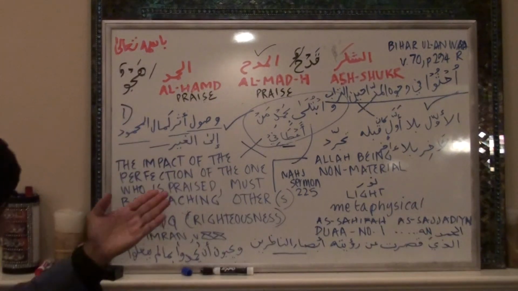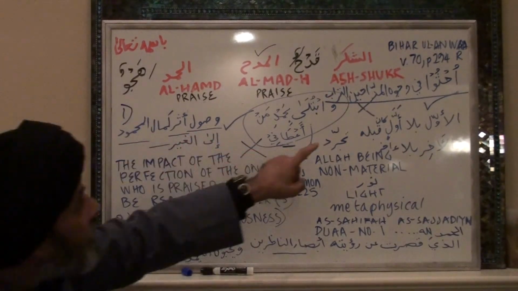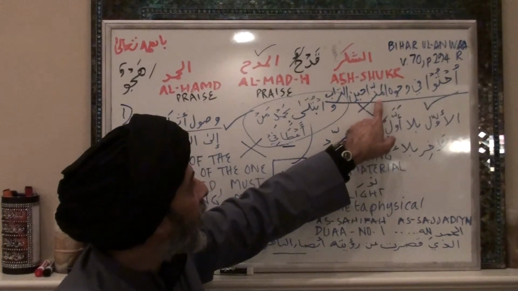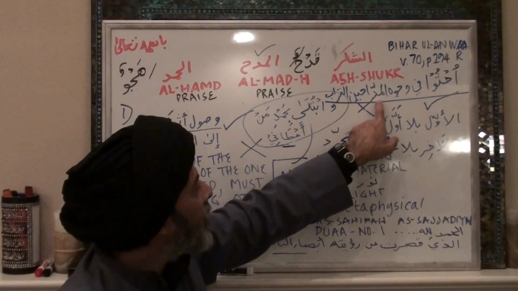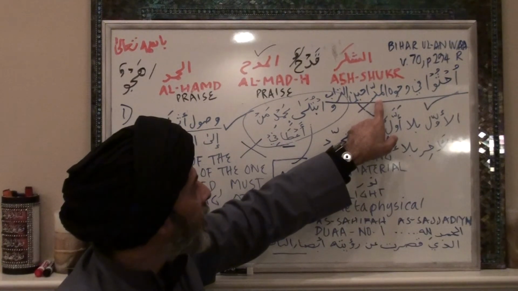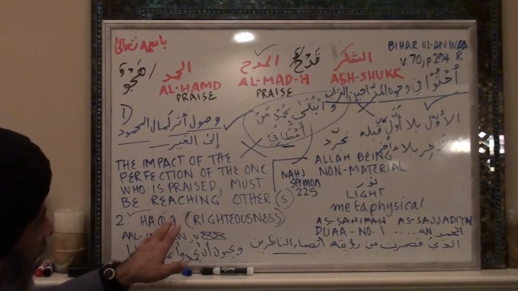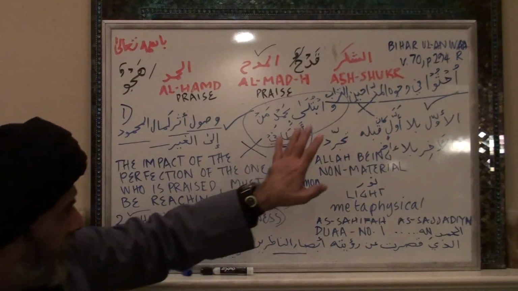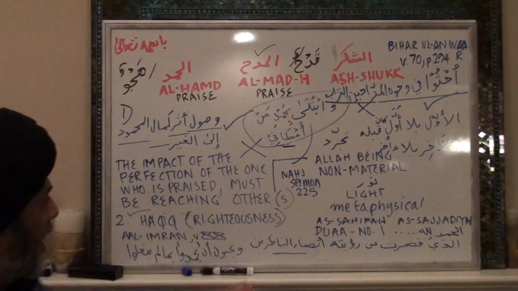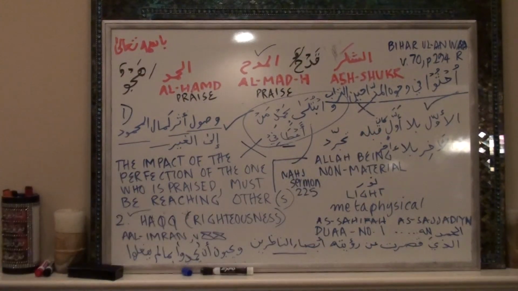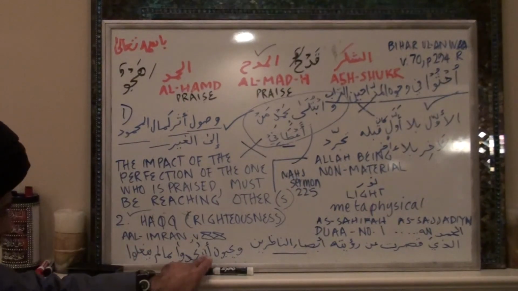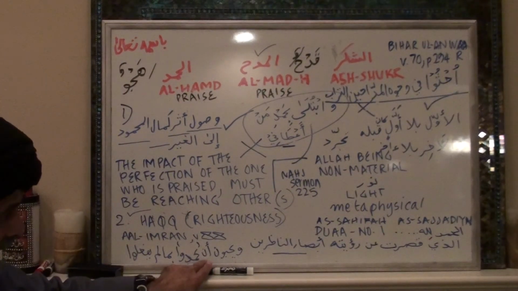So this is where the word madh is being used by Imam Ali alayhi salam. Those people who are praising you on your face, he's not using the word hamd in that case. The word madh comes in, and it is an example where madh is used for a place which is batil, and hamd is also used for places where it is batil.